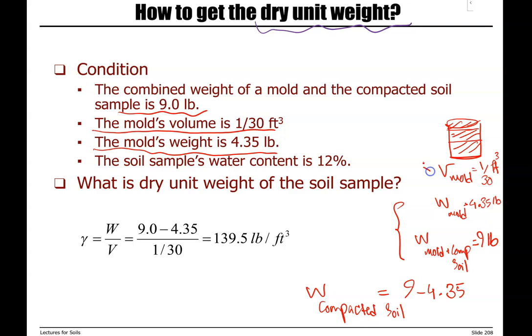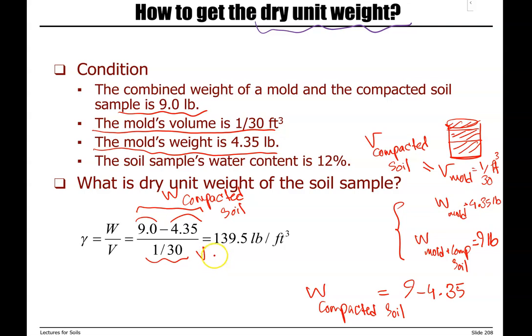And remember that I said volume of mold is equal to volume of compacted soil. So weight of mold plus soil minus weight of mold gives you weight of compacted soil, and this is volume of compacted soil.